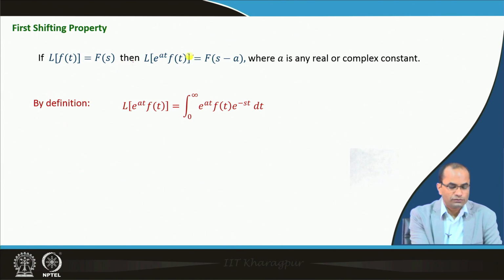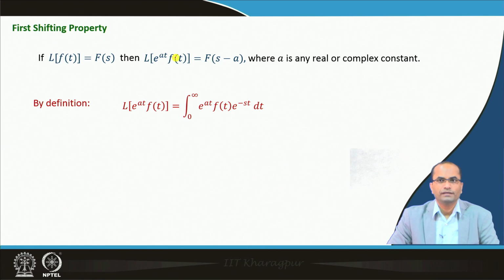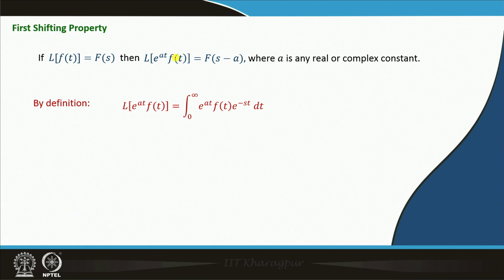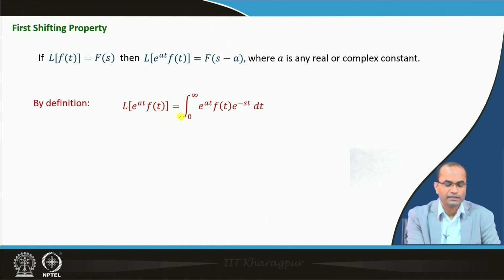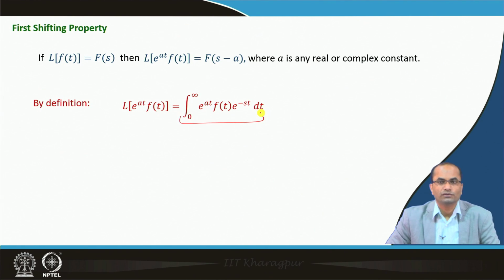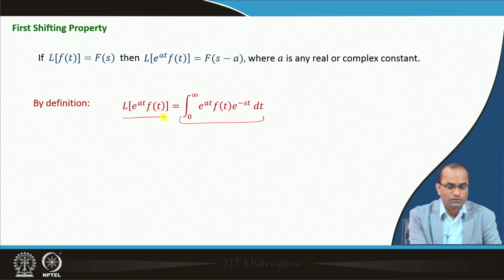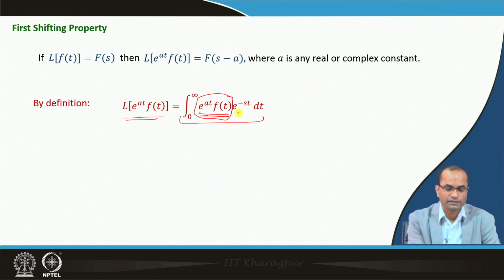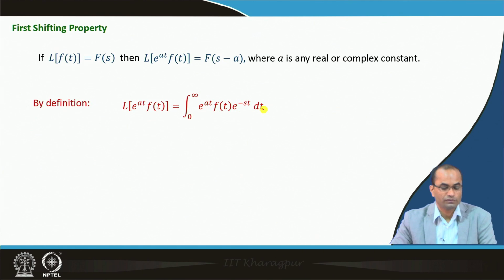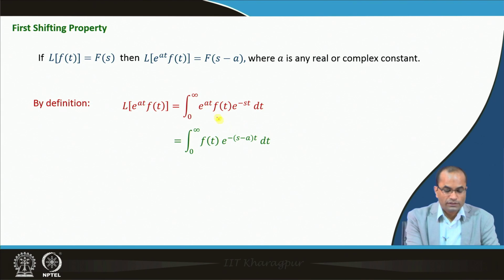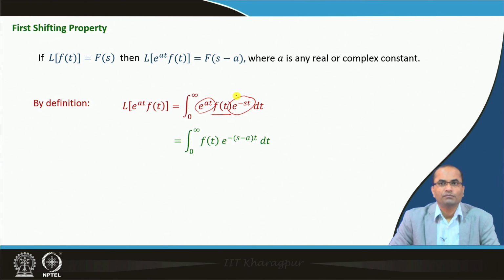By definition, we can go through the proof. The proofs are very simple in these cases, because finally we are dealing with integrals only. So, we have the Laplace of e power a t f t, and then e power minus s t because of the Laplace transform. Then we have this f t, and this e power a t will be merged with e power minus s t.